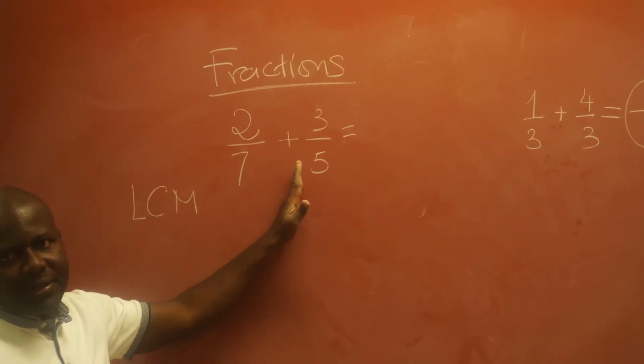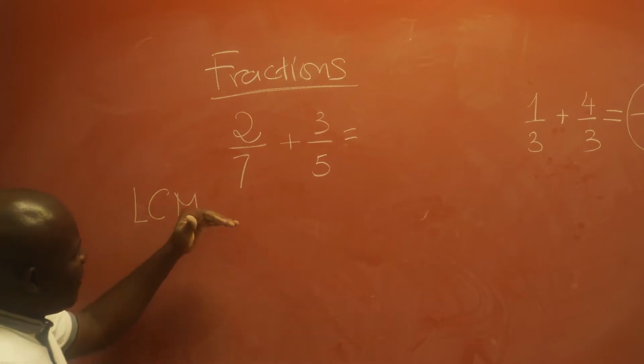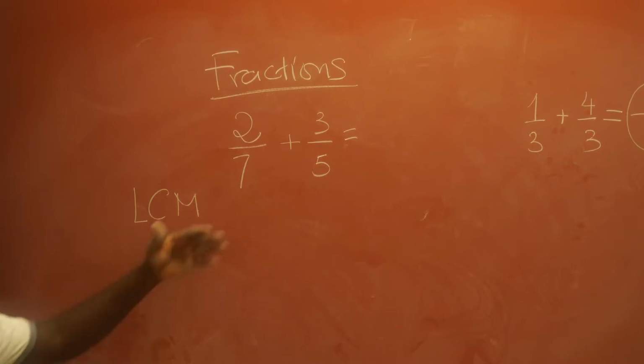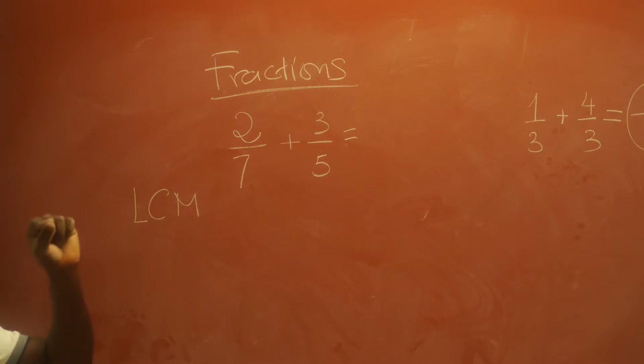So for that, from 7, you'll try to find multiples. Same thing for 5, multiples. And you'll see that at some point, both the multiples from 7 and the multiples from 5 will have the same multiples.